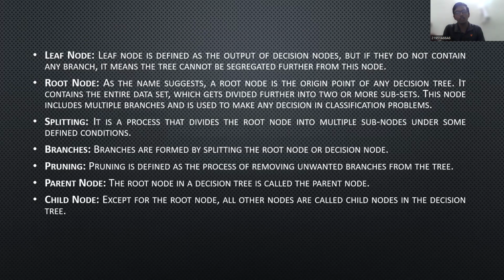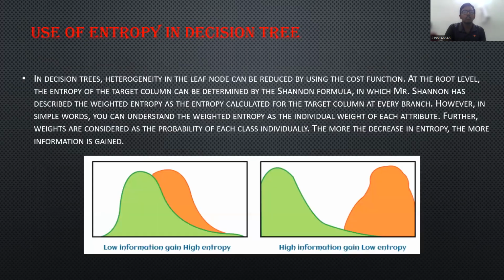The next one is branches. Branches are formed by splitting the root node or decision nodes. Parent node: the root node in a decision tree is called the parent node. Child node: except for the root node, all other nodes are called child nodes in the decision tree.